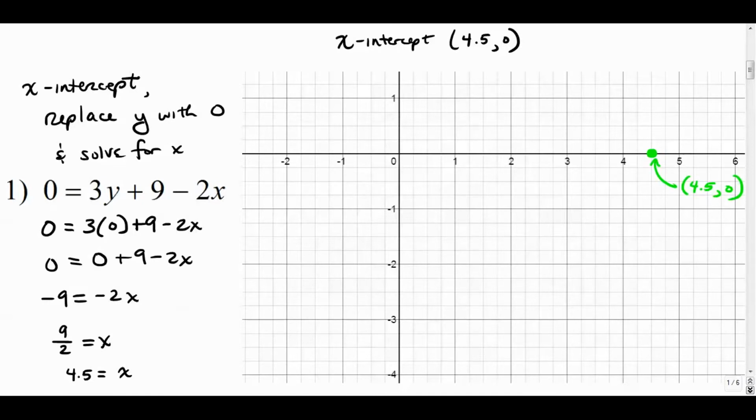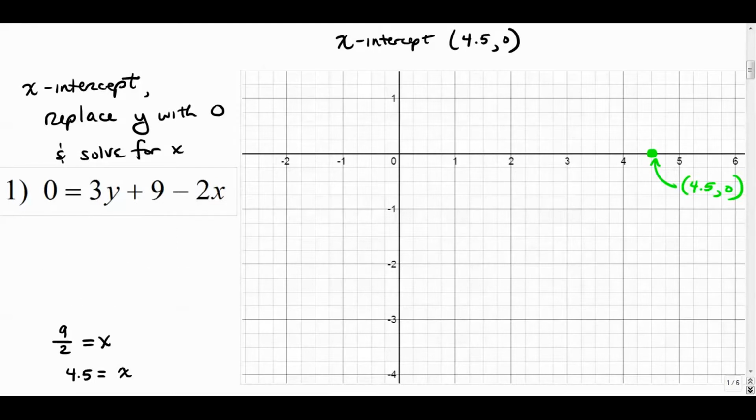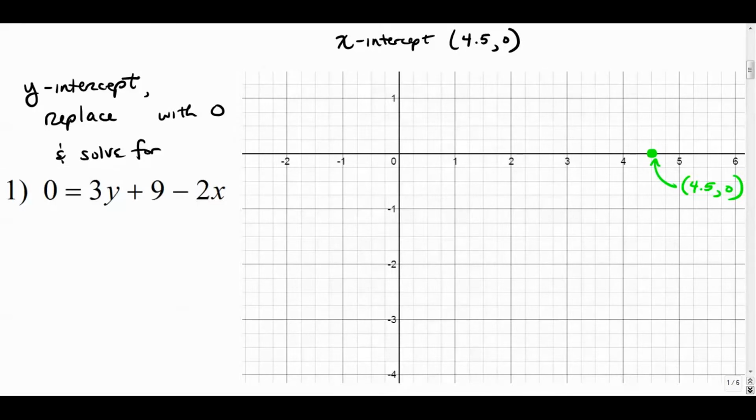9 over 2, 0. To find the y-intercept, you can of course get it into slope-intercept form if you want, but I'm not going to do that. I'm simply going to replace the x with 0 and solve for y.